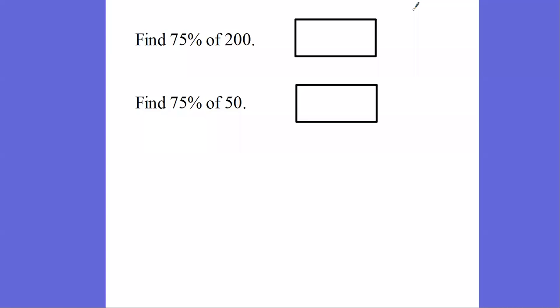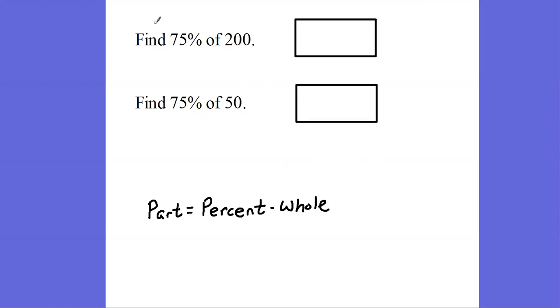All right. In the past, we dealt with problems like finding 75% of 200 or finding 75% of 50. And one way that we discussed in terms of how to figure this out is to use this equation. And the equation is that our part is always equal to some percent of our whole amount.